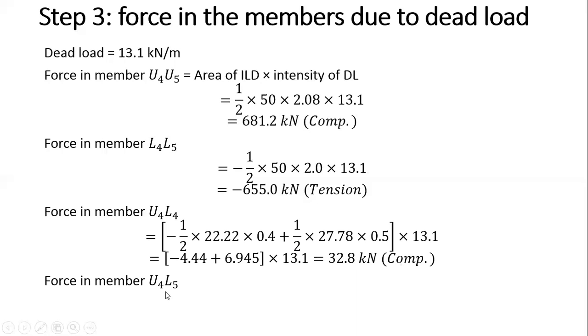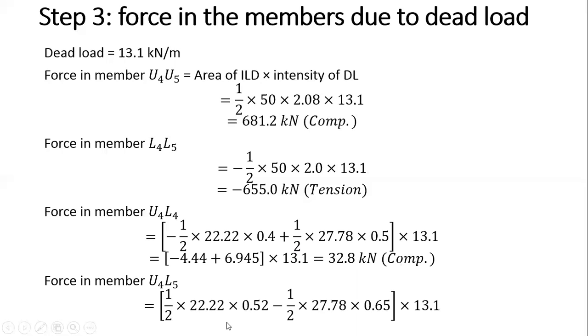Next, I have to calculate the force U4L5. Okay, so in U4L5, the first one is your compression, then there will be tension. So this is my force due to compression, this is my force due to tension, multiplied by the dead load. So this comes out to be tension here. So we see that in the top chord member, the force will be compression.